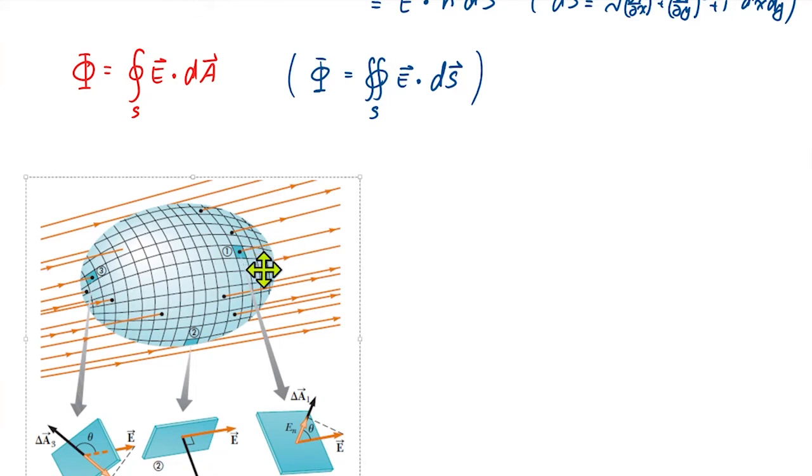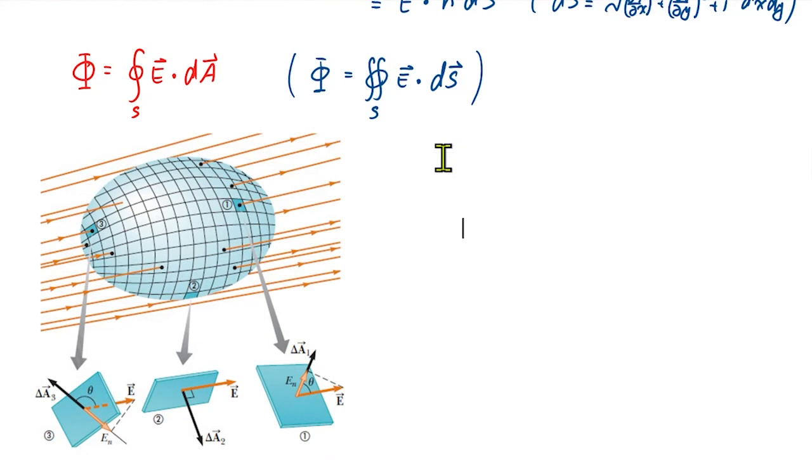Okay, then the dot product: it's magnitude times magnitude times cosine theta. The reason this is convenient is our normal vector is typically defined as a normal unit vector, n dS, outward.